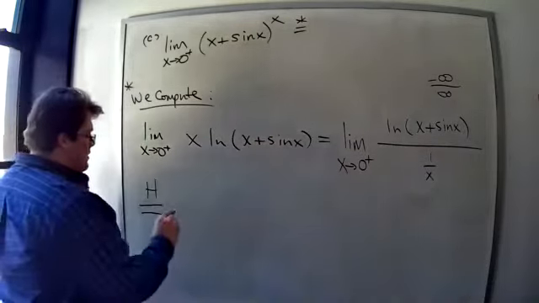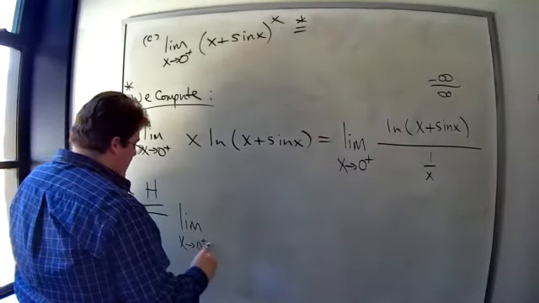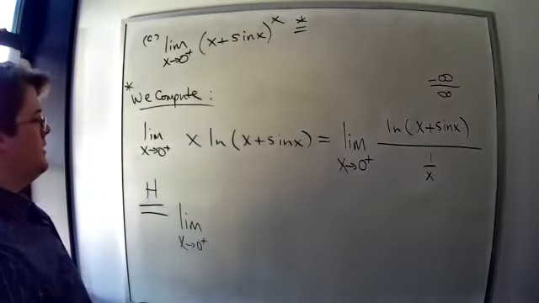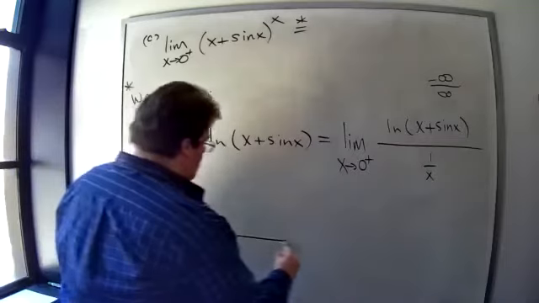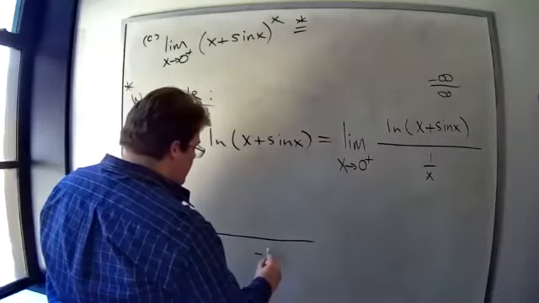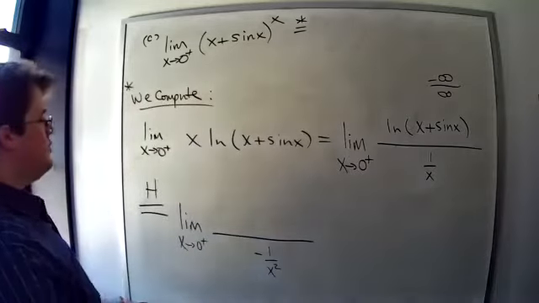Now, what do we get? Well, this is one of those limits where having a couple shortcuts in mind helps future simplification. Denominator, derivative of 1 over x, negative 1 over x squared. What about the numerator?